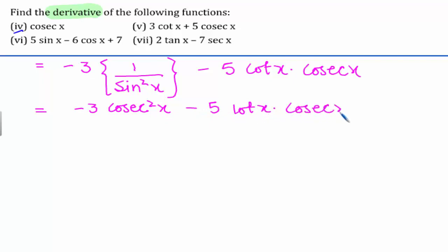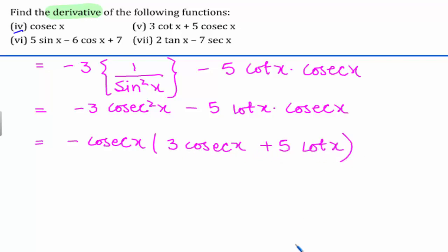Therefore, the derivative of 3 cot x plus 5 cosec x is equal to minus cosec x into 3 cosec x plus 5 cot x.